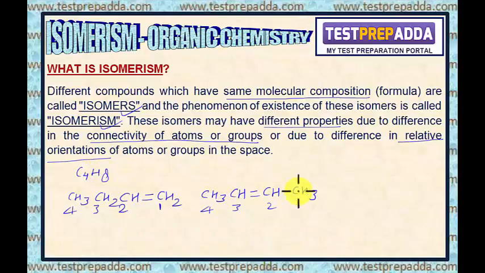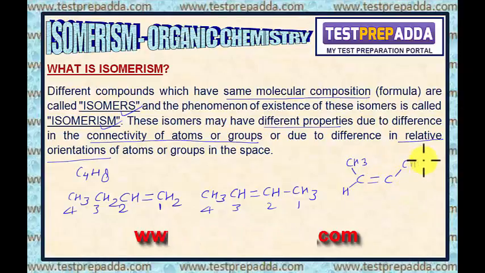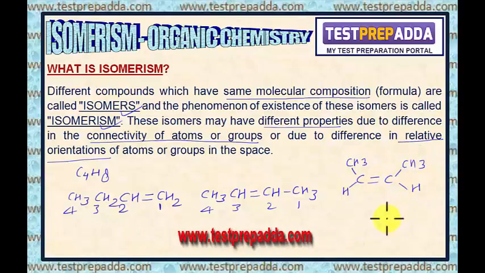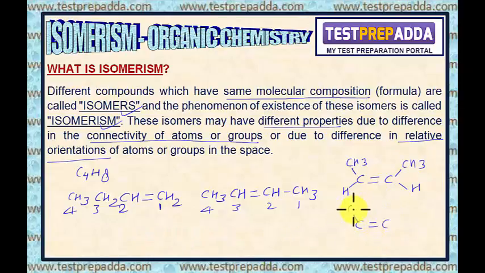Now for the second one, with C=C, I can place CH3 here, H here, CH3 here, H here. With respect to this C=C, I can change the orientations of atoms and groups.